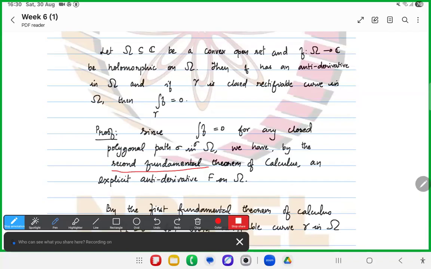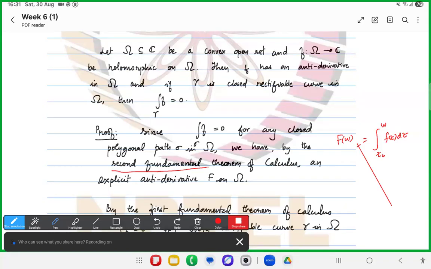An antiderivative exists because we can define the antiderivative this way. If you remember, capital F of w is equal to the integral, fixing some z naught, over any polygonal path from z naught to w of f(z) dz, because this is a well defined function.